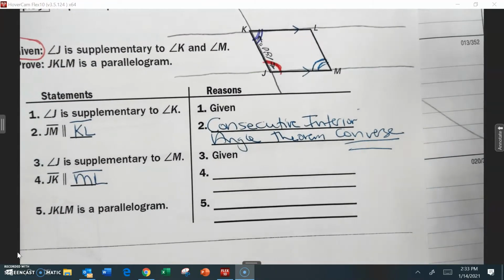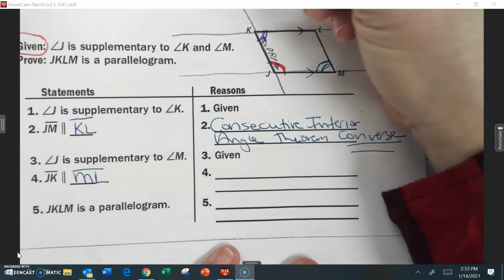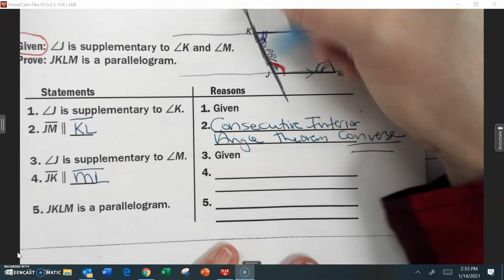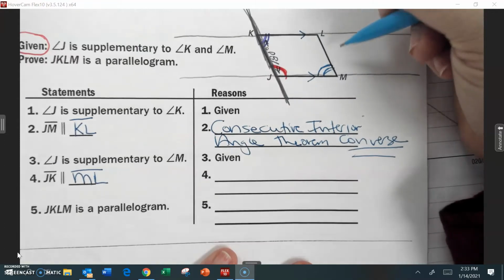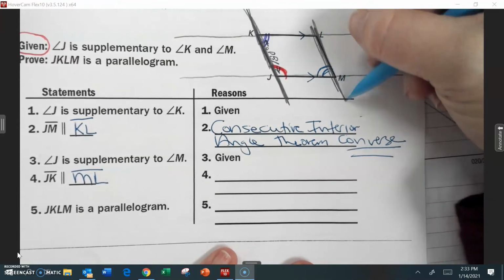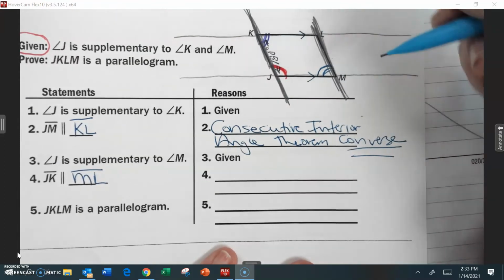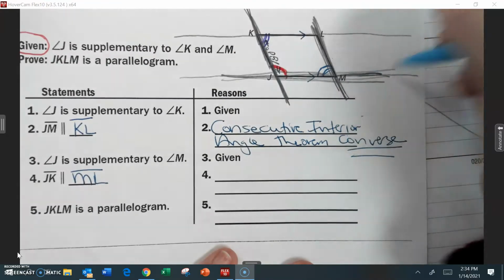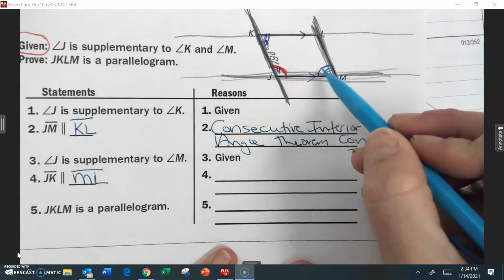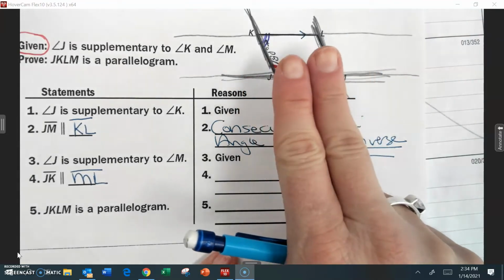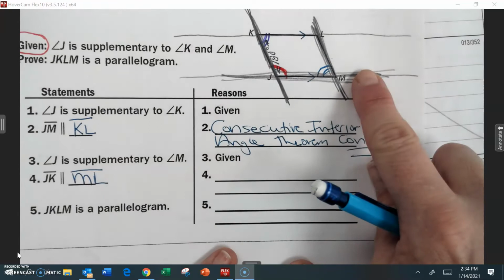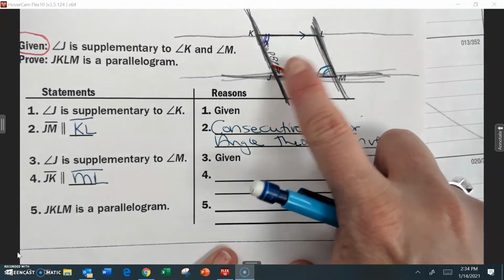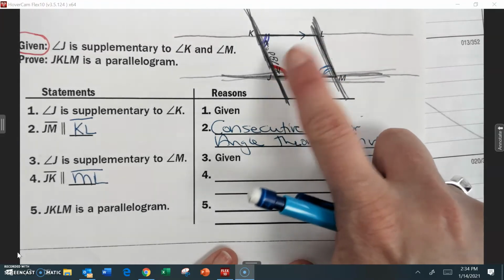Now, why? Well, here we go again. Angle J is on line JK. Angle M is on line ML. And the transversal that makes a connection is right here. These two angles are between lines that were cut by a transversal. They're on the same side. Well, what do we have? We have consecutive interior angles again.